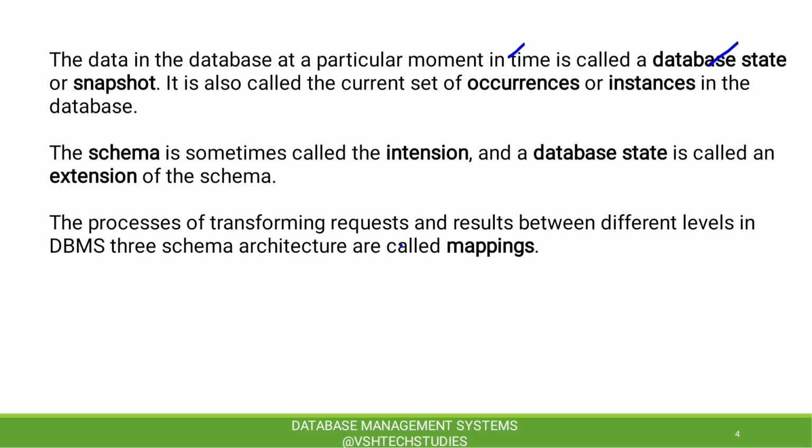The data stored in the tables at any instant of time is called as database state or snapshot, or it is also called as current set of occurrences or instances. The schema is sometimes called as intension and the database state is called as extension of the schema.